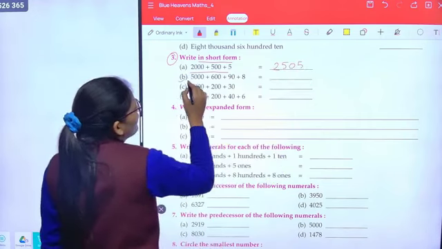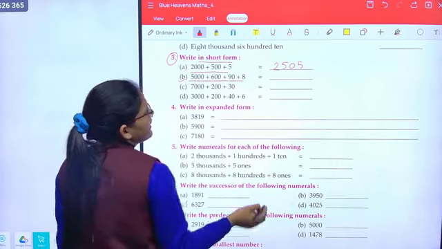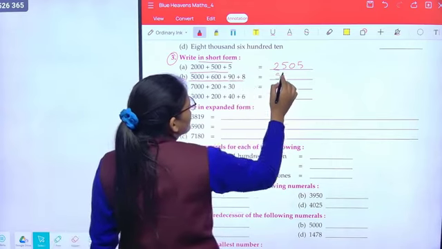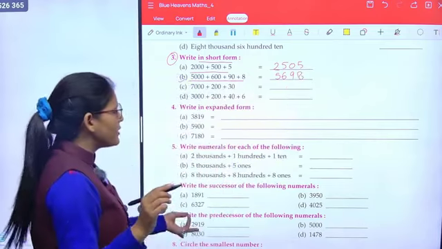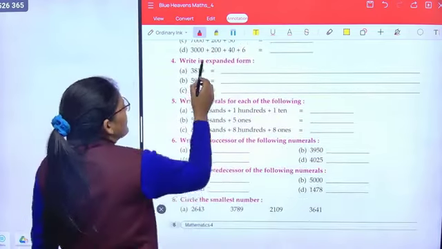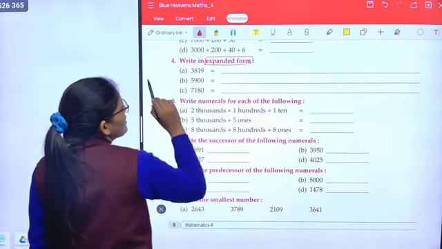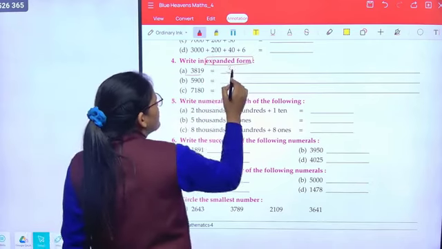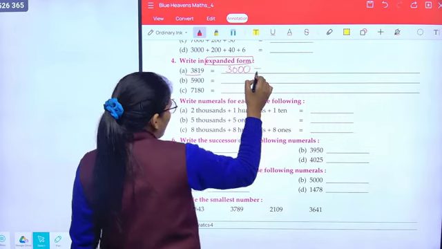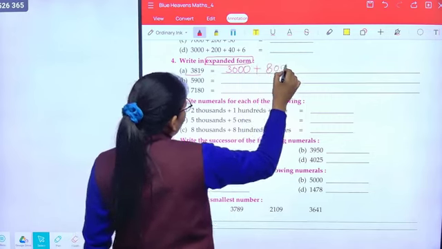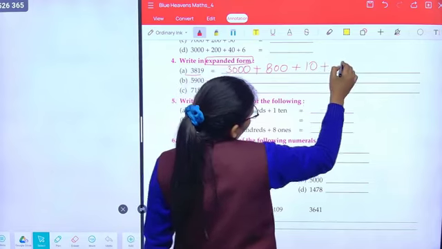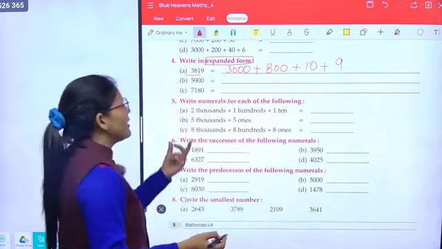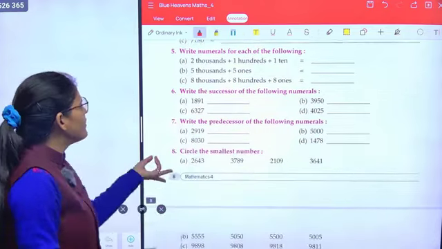Now 5698. Rest of the parts, do yourself. Now class, expanded form in question number 4. 3800. 10 tens and 9 ones. Rest of the parts, do yourself.